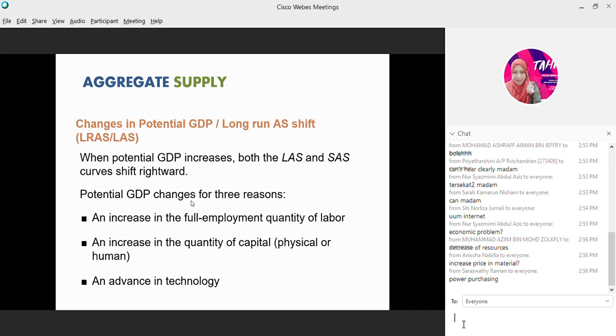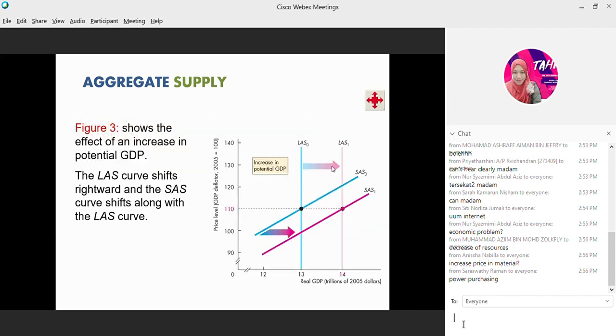So now, these three specifically explain why LRAS shifts to the right. Now we go to the factors that will shift SRAS.